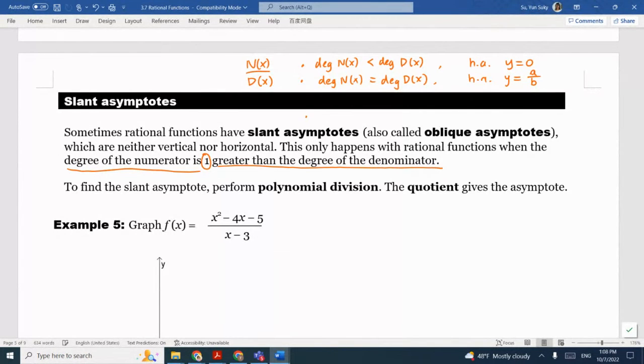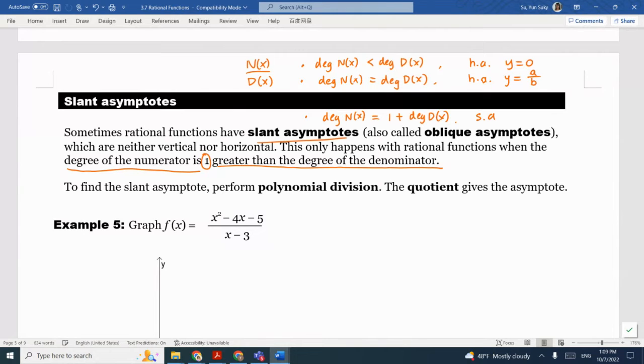So if the degree of the numerator is 1 bigger than the degree of the denominator, we don't have a horizontal asymptote. We have a slant asymptote. How do we find the slant asymptote? Use polynomial division, either long division or synthetic division.